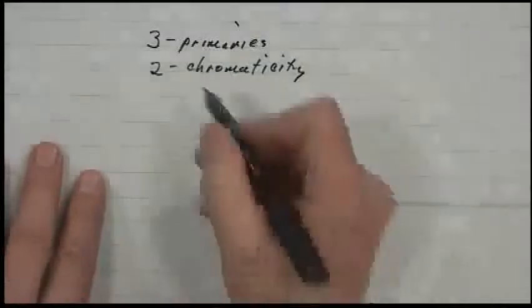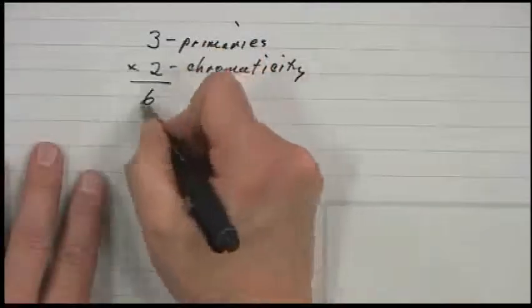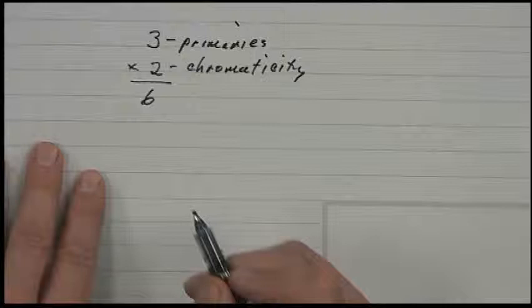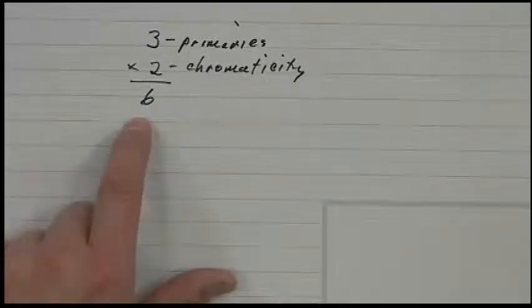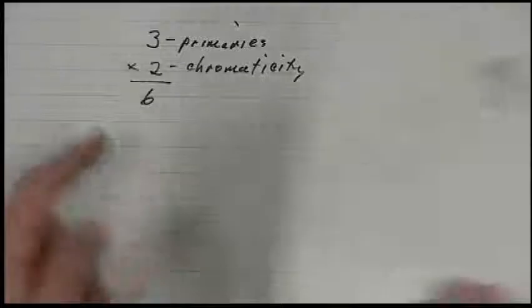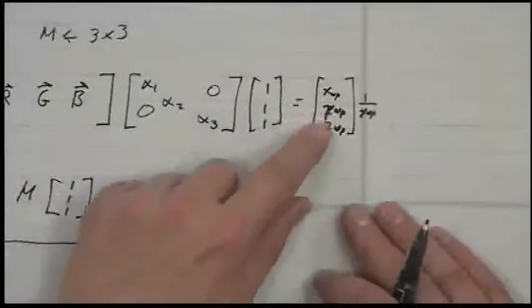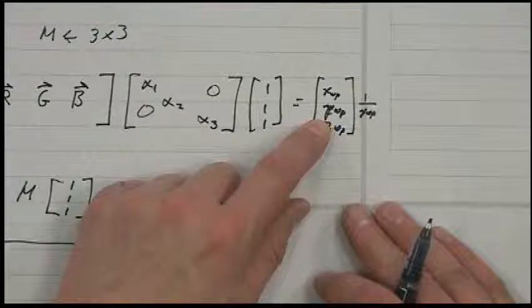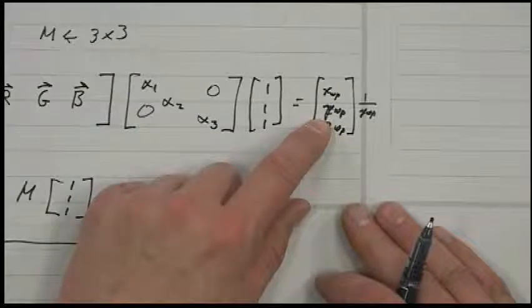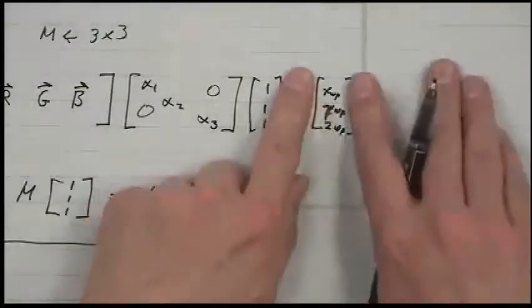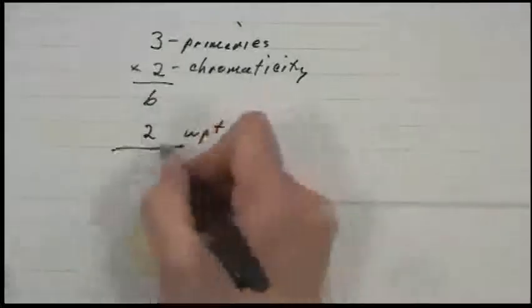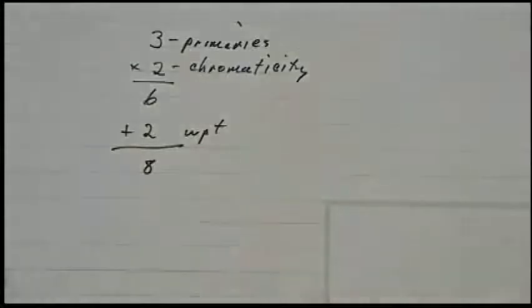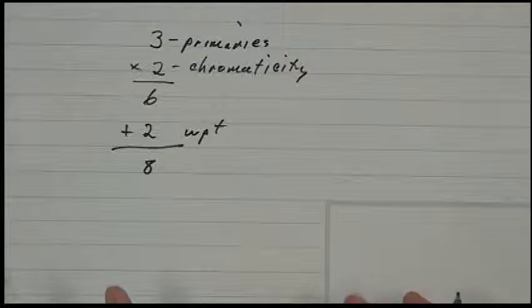So 2 times 3, that's 6, right? But there's 9 parameters, so we're missing 3 degrees of freedom that we have to specify. So the white point has how many more parameters? Well, just the chromaticity of the white point. 2, okay? So 2 for white point, that's plus, that's 8. So we're missing 1 degree of freedom, right?